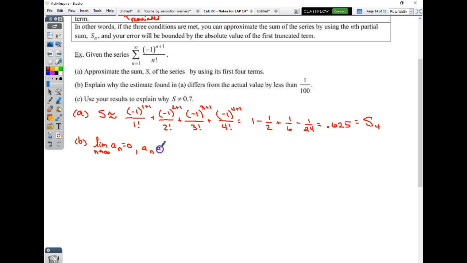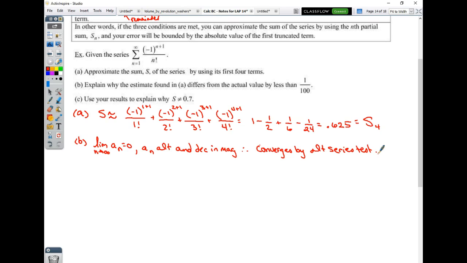A of n alternates and decreases in magnitude. Therefore, it converges by the alternating series test. Hopefully you know all of that.